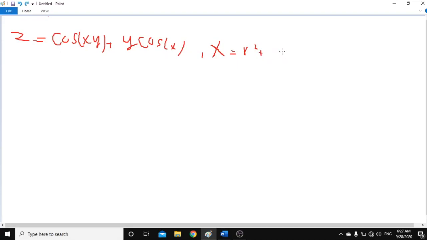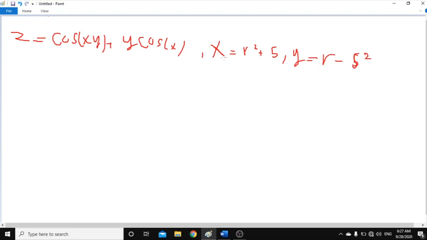So let's start. The example says that z is equal to cosine x times y plus y times cosine of x, and x is equal to r squared plus 5, and y is equal to r minus 5 squared.